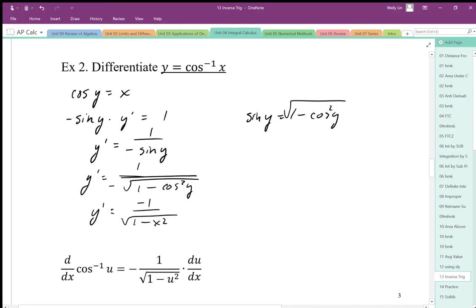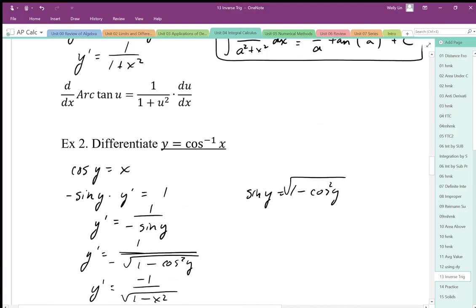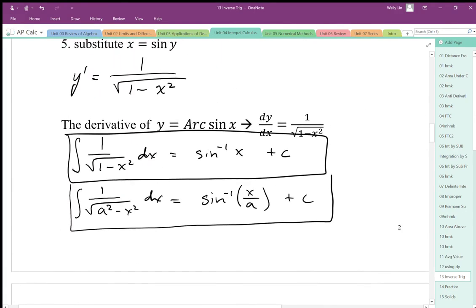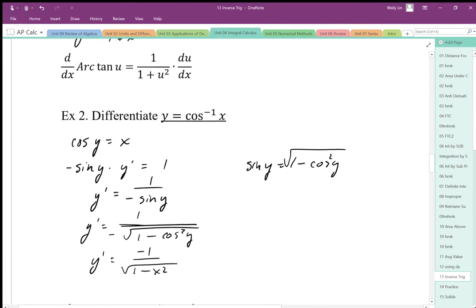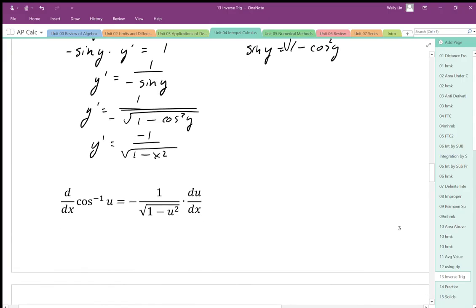If we look back at sine, it's really kind of the same thing, just that it's negative. So when it comes down to the integral, we could technically say that the integral of the negative form of this is equal to the arc cos of x plus c, but we don't really need this one.